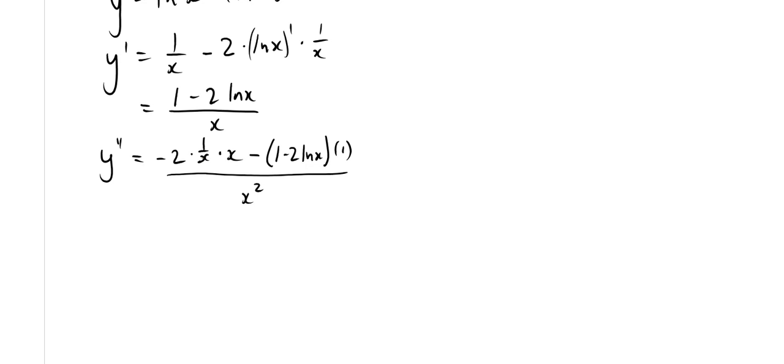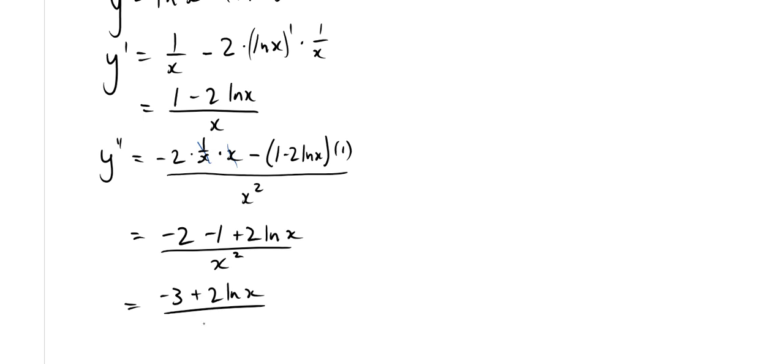I notice something nice happens here. If I had all those extra little constants like ln of 2 or ln of 3 or ln of 10 because I had a different base, it would get messy. This is why it's nice to be able to use this number e in this process. Is everybody okay so far?